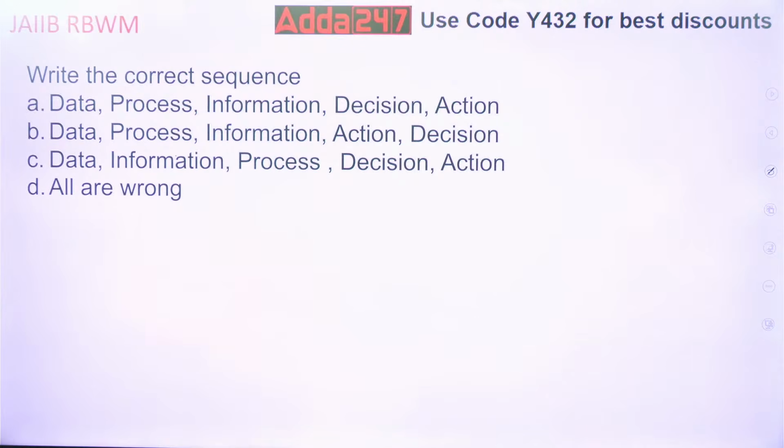Is it B or is it A? You first decide and then take action, or you first take action and then decide? Think of it again. Do you want to correct the answer? A or B? C is not the answer. Data, information, process, decision and action. Correct? A is the answer.